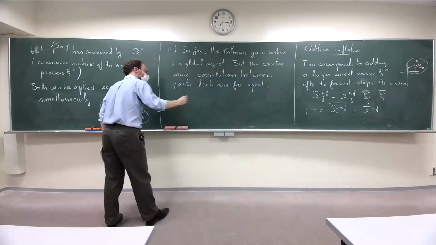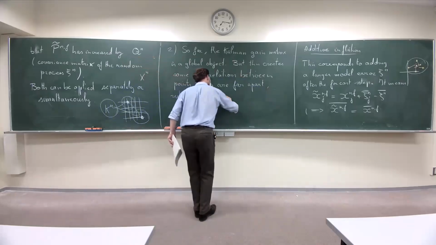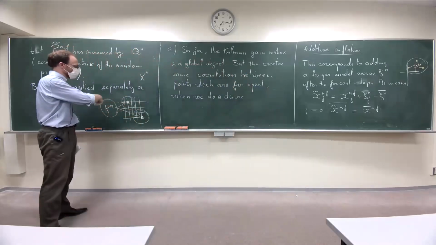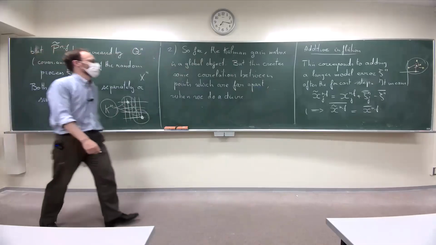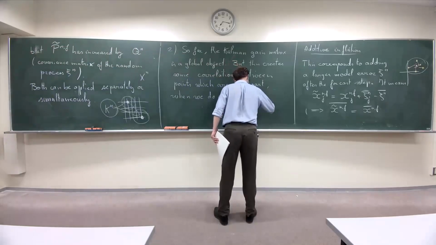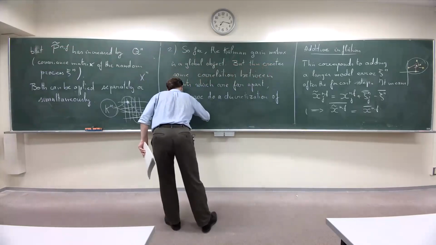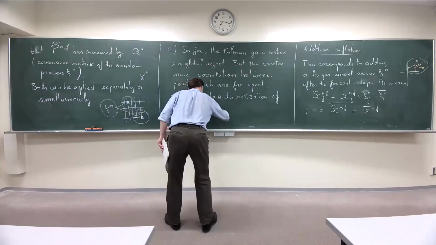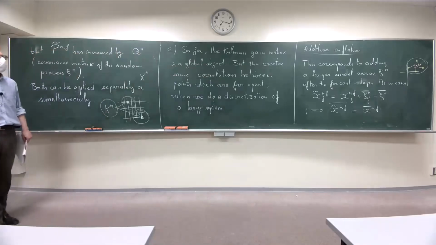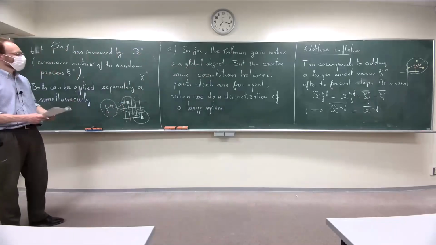When we do a discretization, of course, it's not for all models that you have this problem, but precisely when you do the discretization of a large system. So you would like to avoid the creation of these correlations between points which are far apart. Again, there are two techniques.